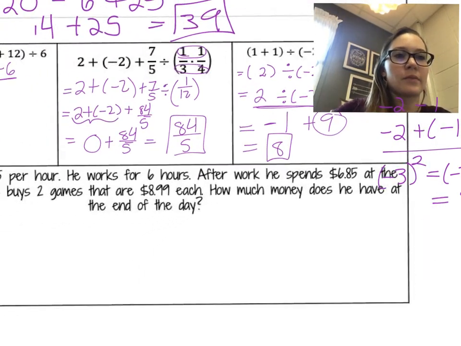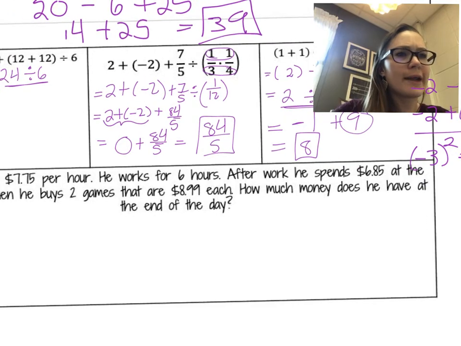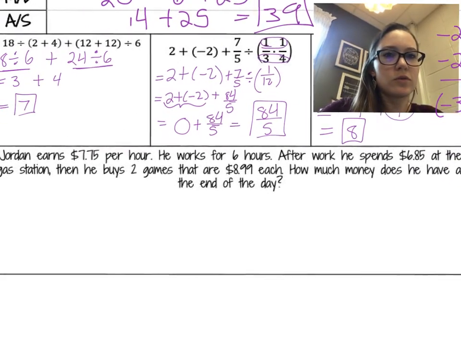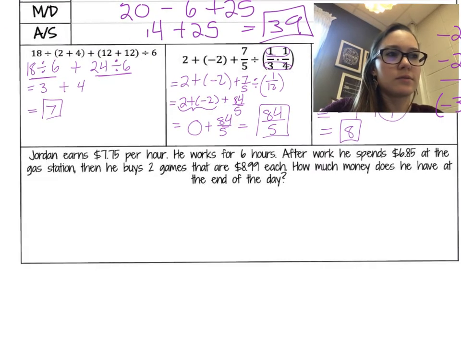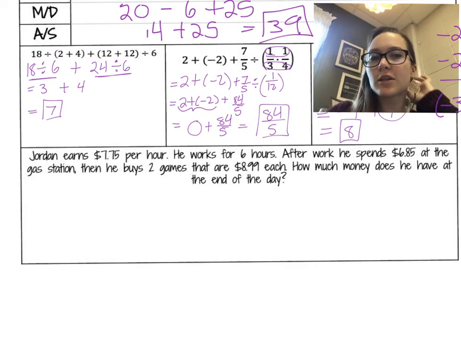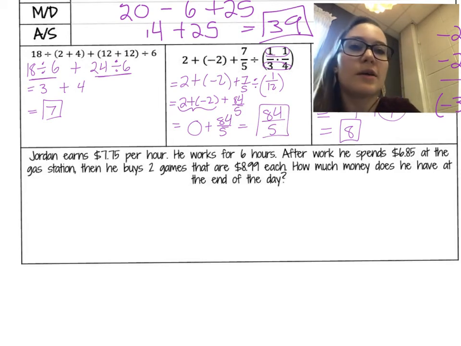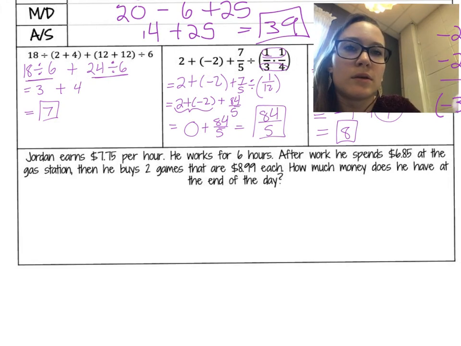Okay. And it always has to have a word problem, right? Ooh, it's a long one. There we go. Okay, Jordan earns $7.75 per hour. He works for 6 hours. Okay. Per is a math word.